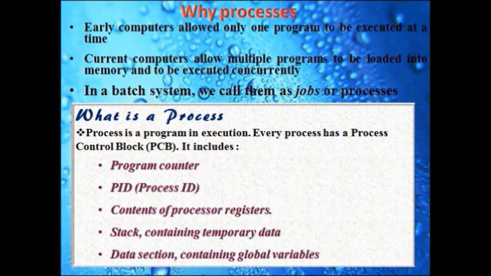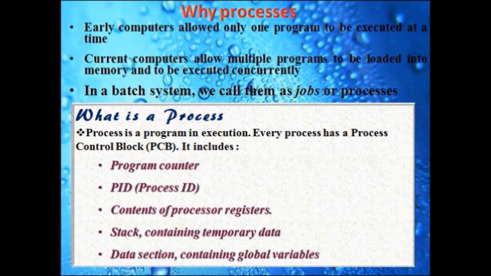Why processes? Early computers allowed only one program to be executed at a time. Current computers allow multiple programs to be loaded into memory and to be executed concurrently. In a batch system, we call them jobs or processes. What is a process?